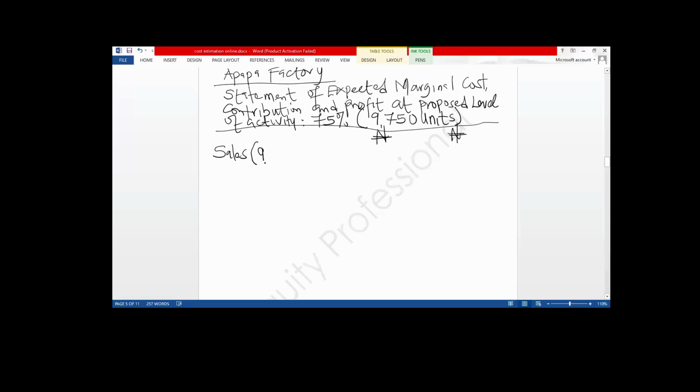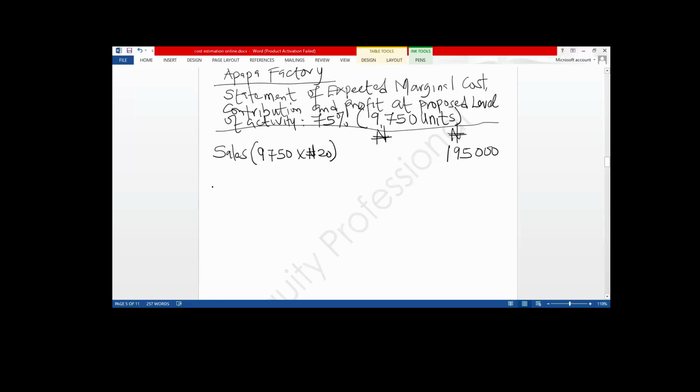At this level, we are going to produce and sell 9,750 units, and the selling price per unit is 20 naira. So what is the sales value? 195,000.